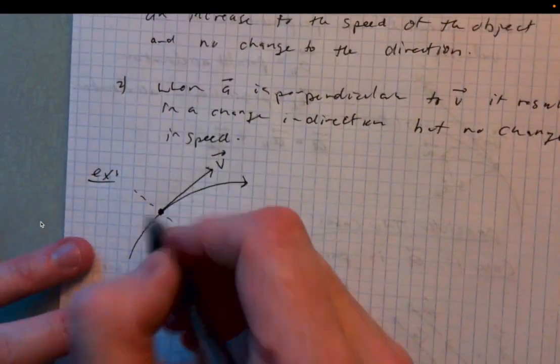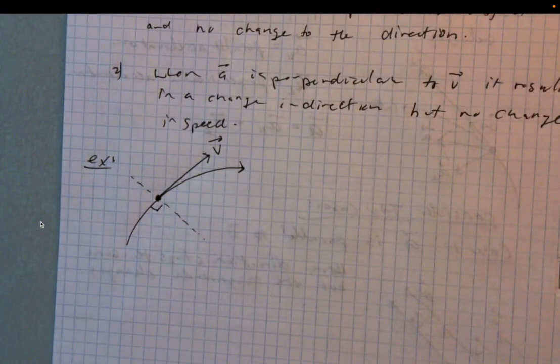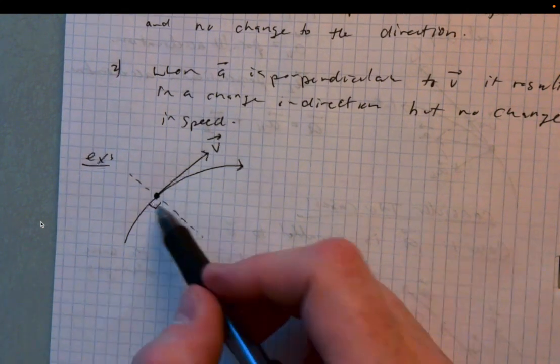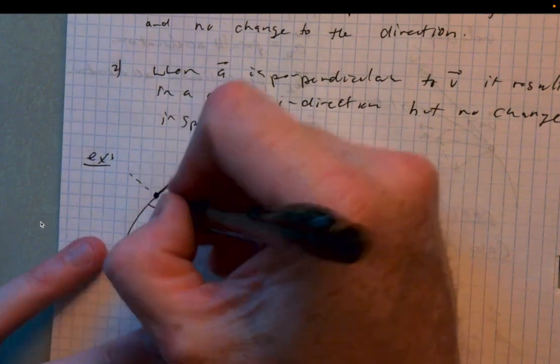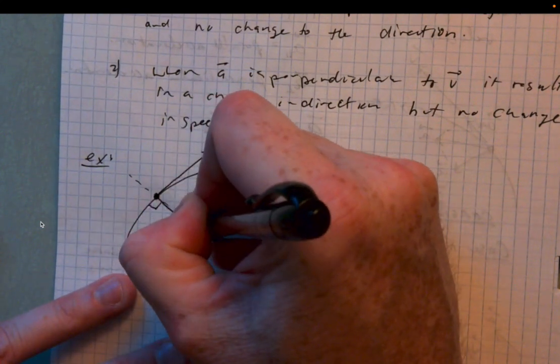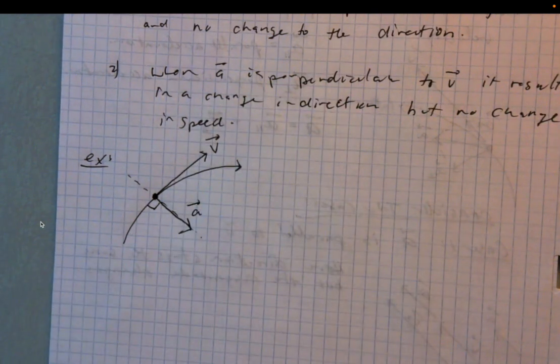This dashed line forms a 90-degree angle with the velocity. Now, if my acceleration is perfectly aligned with this perpendicular, what's going to be the situation? What's happening to the speed of the car?